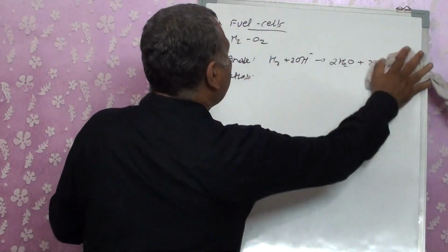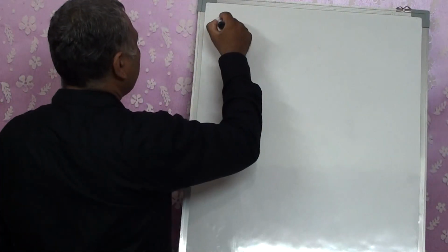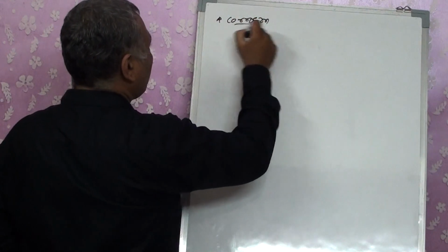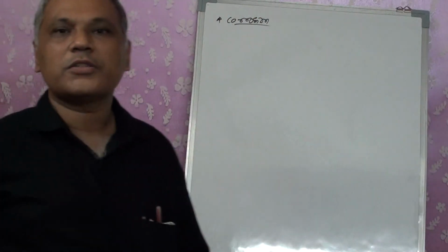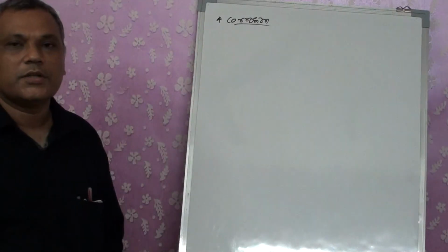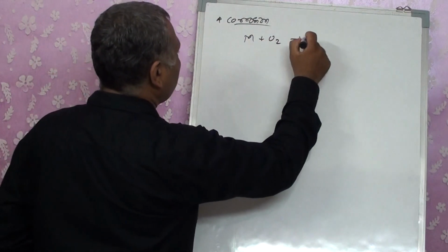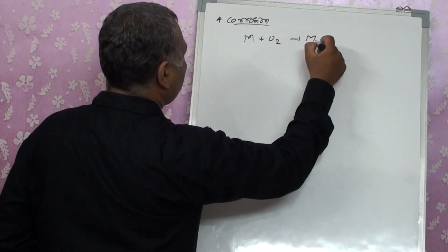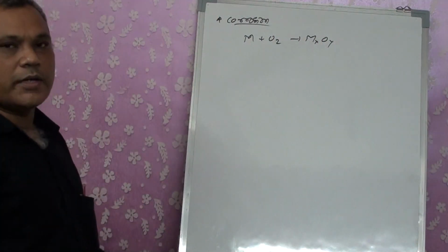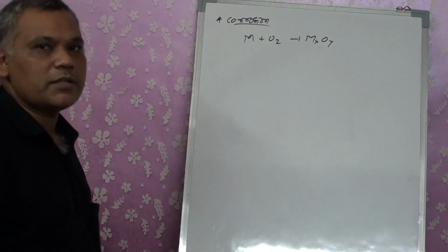The last topic of the chapter is related to corrosion. This is not a new topic for you. Corrosion means metal oxide formation, when any metal reacts with atmospheric oxygen and forms a metal oxide. This process is known as corrosion.